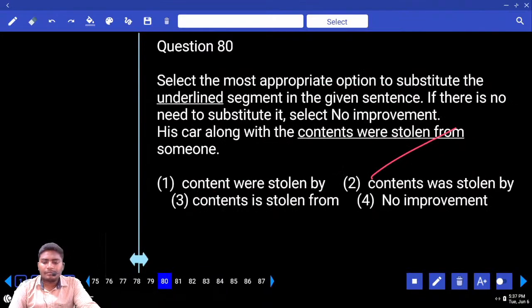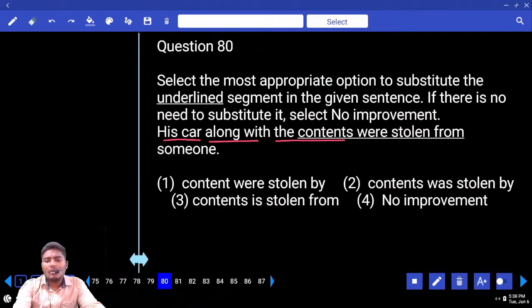Next, move to 80. His car along with the contents were stolen from someone. This is the rule of subject-verb agreement. How many of you have opted first option? Nobody?